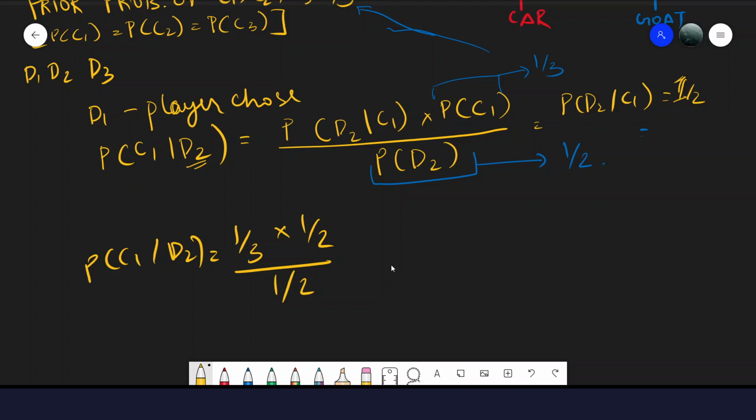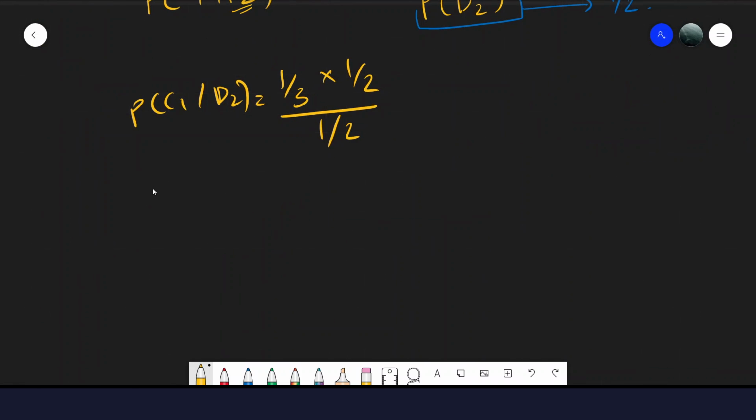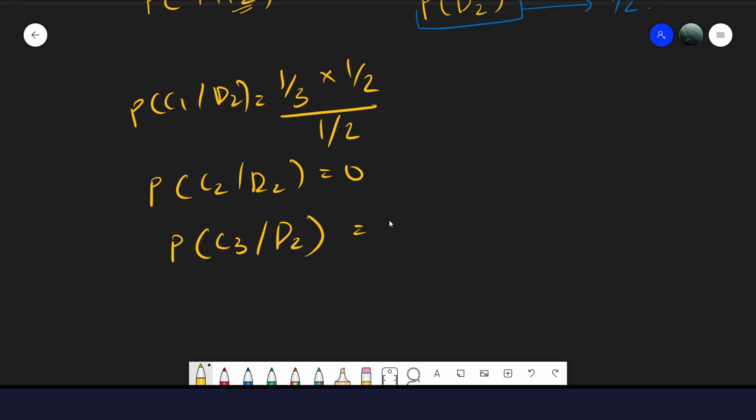Now we know that the probability of C2 given D2 is equal to 0, right? Because if the contestant chooses door 2, Monty is not going to open door 2. So what is the probability that there's a prize behind C3 and Monty opens D2? This is just equal to 1 minus P of C1 given D2.